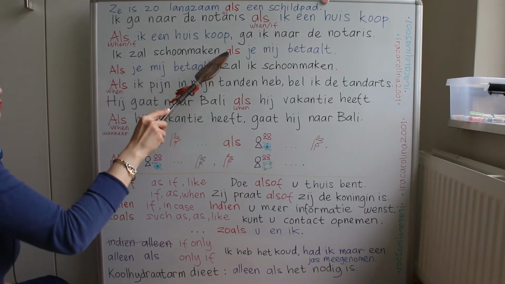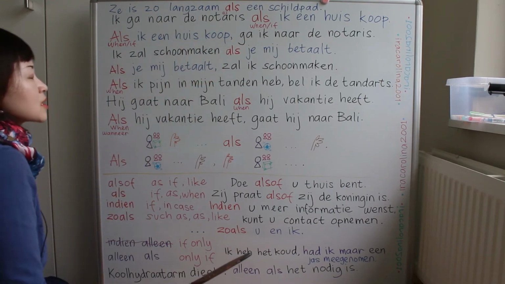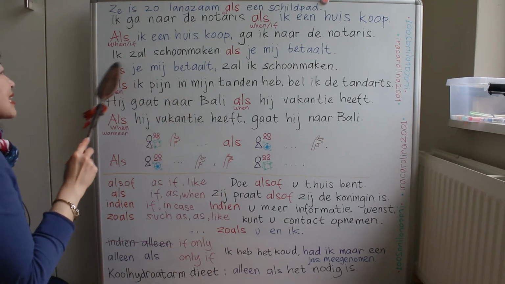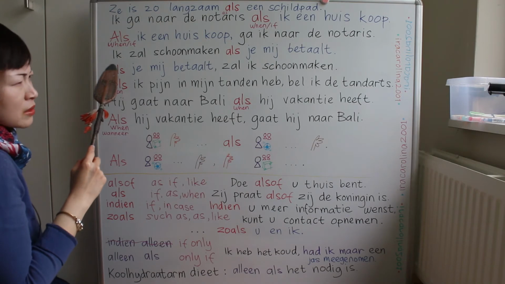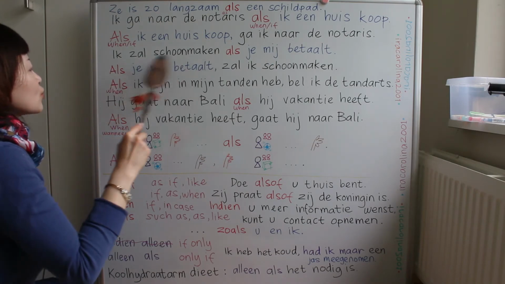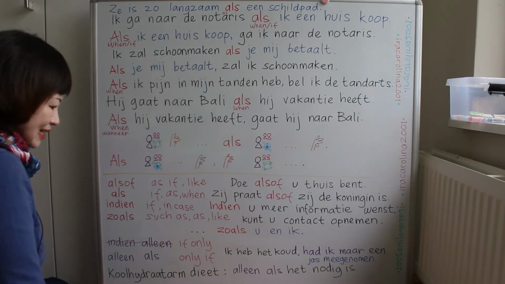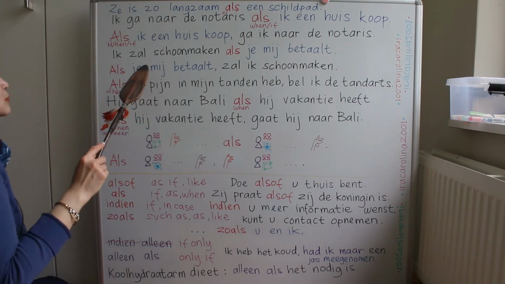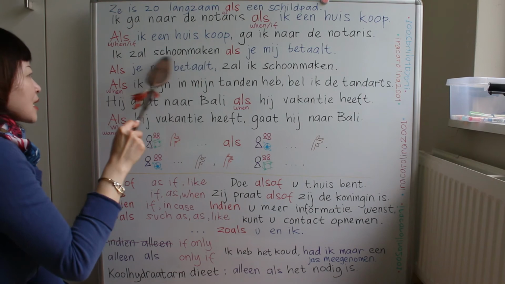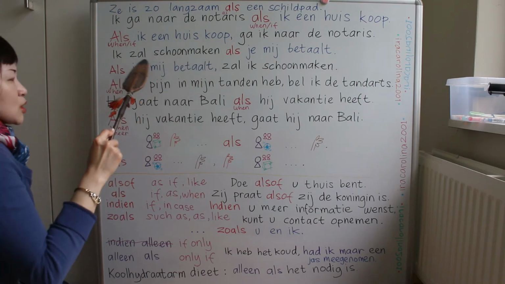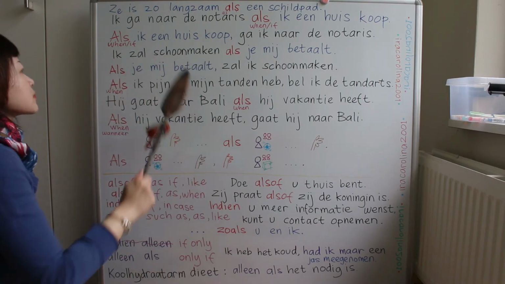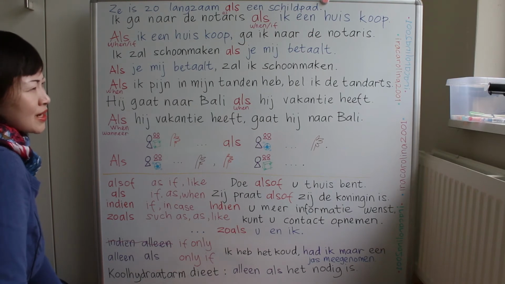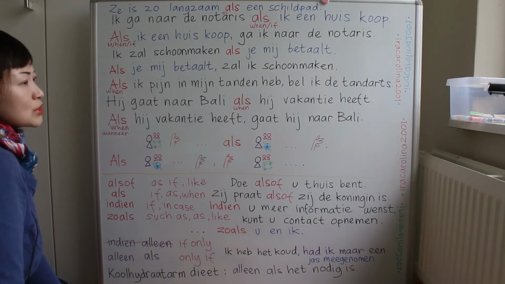This als, finally, as if. Ik zal, I will, schoonmaken, cleaning, do the cleaning or clean. Schoon is clean, maken is make, so make clean, do the cleaning.